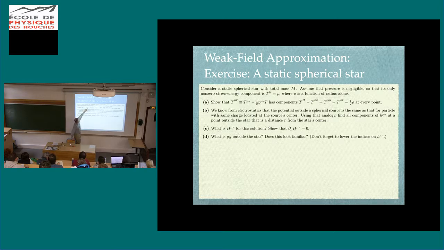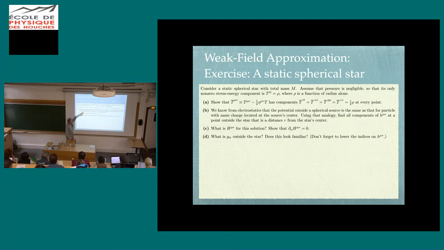Well, I know the only non-zero component is rho, the tt component is rho, and all the other components are zero, but what's the trace? Well, the trace is going to involve rho also, and you can work it out, and you get all four of those diagonal components equal to 1/2 rho. So that's not too bad.